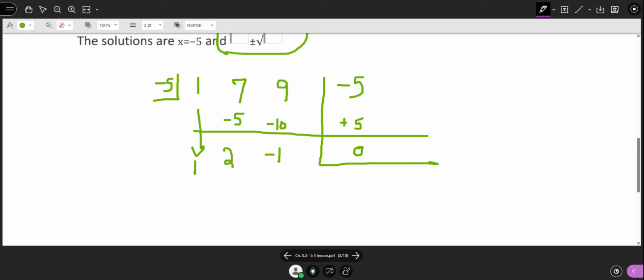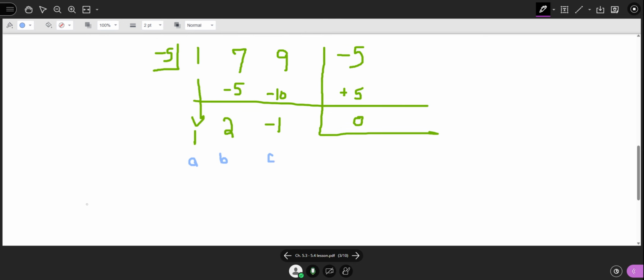Guess what? A, B, C, and you're going to use the quadratic formula. -b plus minus the square root of b squared minus 4ac, every bit over 2a.